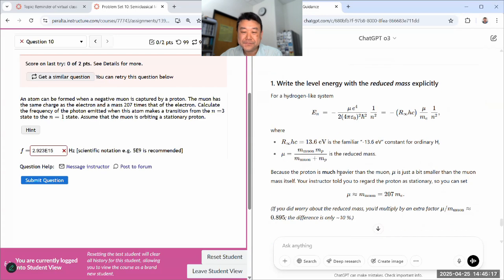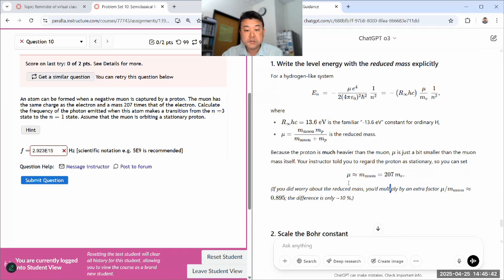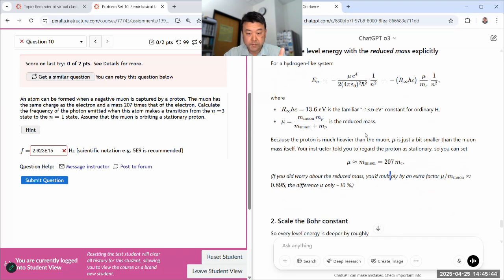So now with the muon, the proton is not much heavier. It's still 10 times heavier. Yeah, it's possible that the question is not. So let me try this with the muon mass.